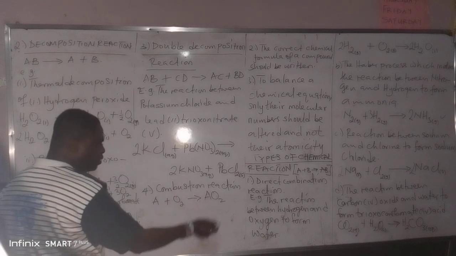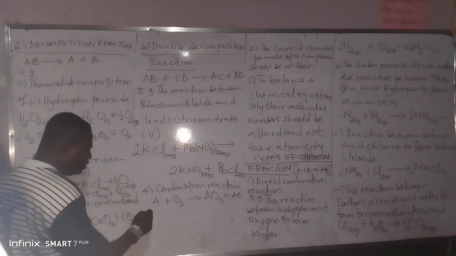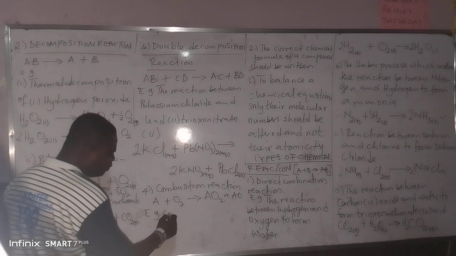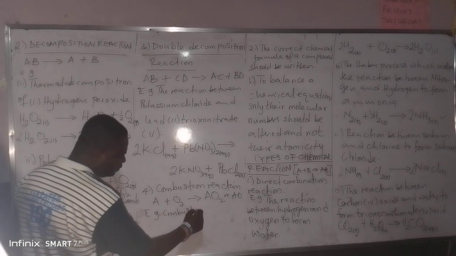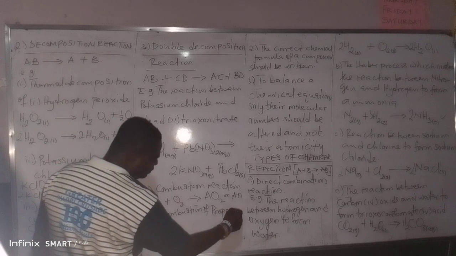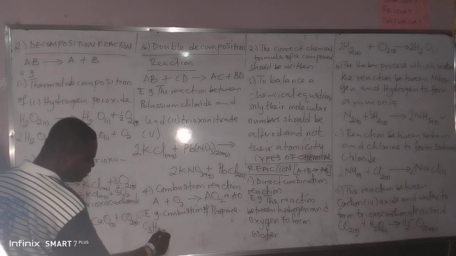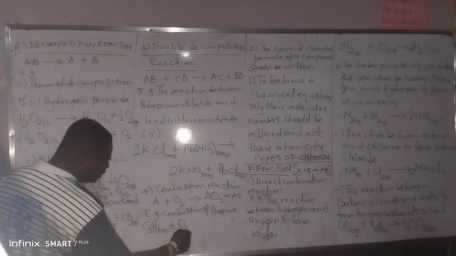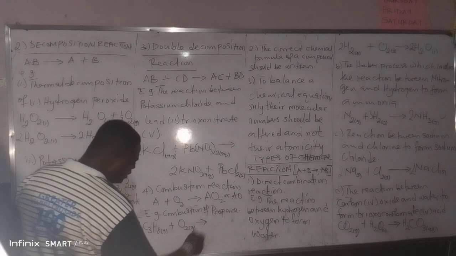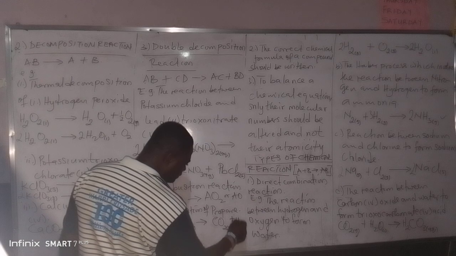It can give you AO2 or AO, it depends. For example, combustion of propane is C3H8, 3 times 2, 6 plus 2, that's 8. This propane is a gas. Plus oxygen, oxygen is a gas also. Then it's going to give me carbon 4 oxide, CO2, and water.